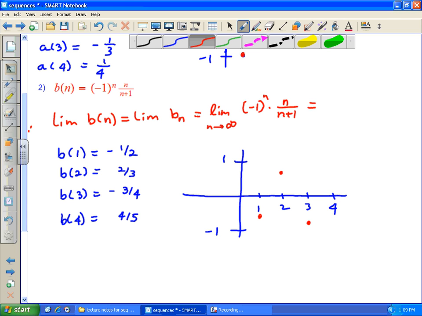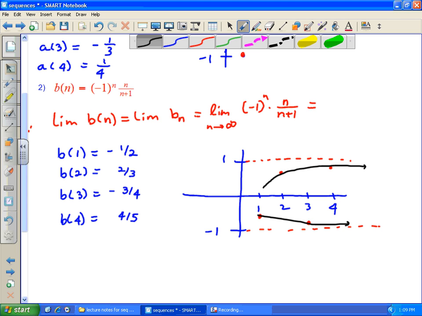Getting away from 0, basically. Next one is 4/5. So getting larger in a sense towards, if I put some dotted lines here, it looks like this is trying to go to two places, right? It looks like these points are going to try to go there, and these points are trying to go here.